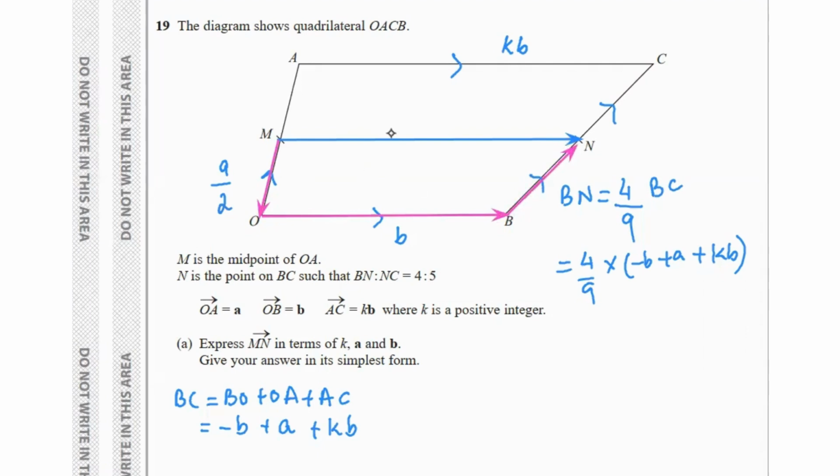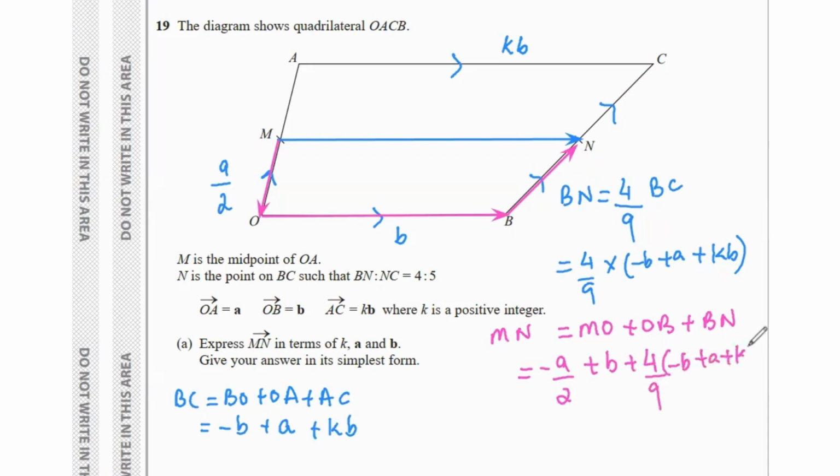These are the vectors I'm going to use to find MN. So MN is MO plus OB plus BN, that's negative A over 2 plus B plus 4/9 times negative B plus A plus KB.